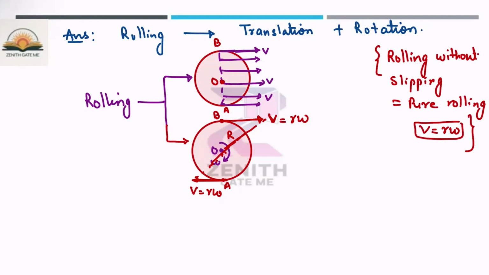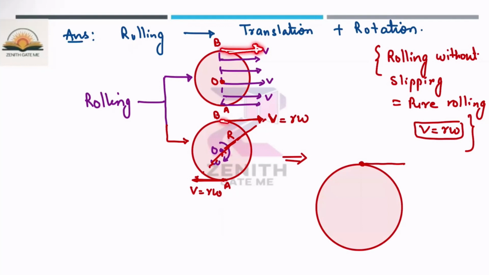If I want to draw a combined picture of these two, translation and rotation, let us suppose the same body again. At this point, v will be coming from the translation and the same v is coming from the rotation, so it will add up and you will get 2v.